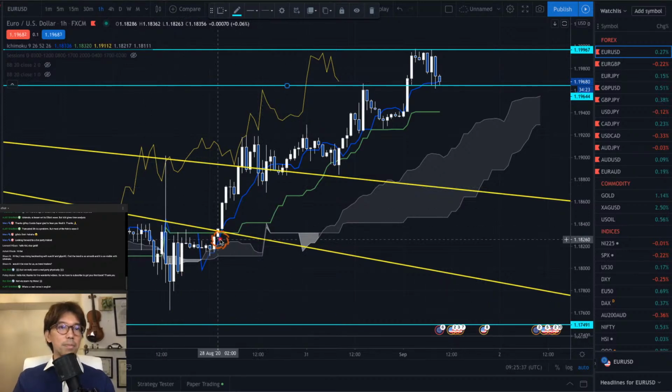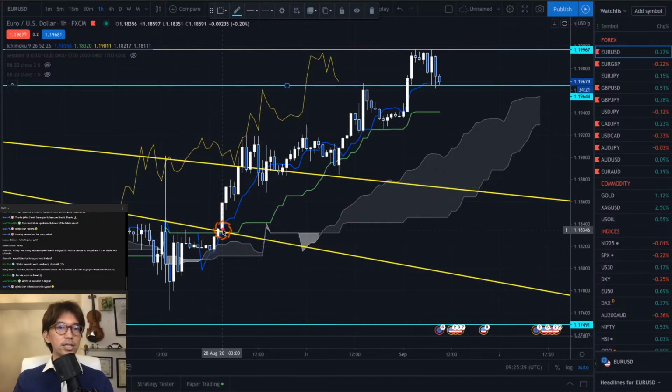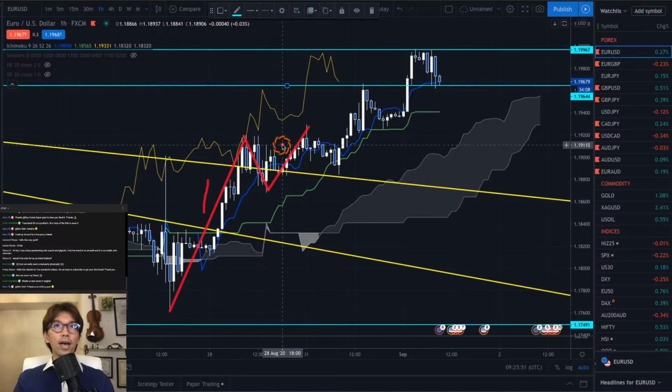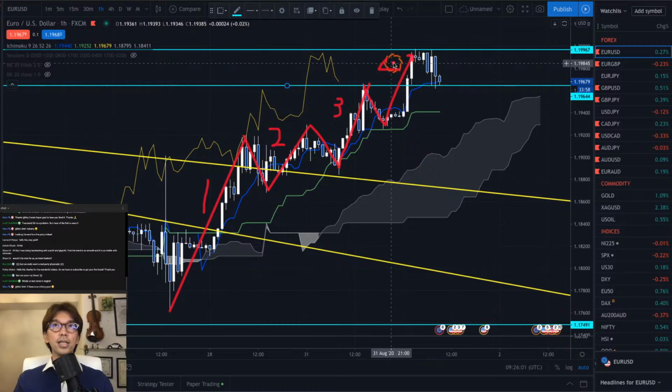In this example, on this Euro USD 1 hour chart, from this low here, the price went up and down and up. This is the first N wave, the second N wave is forming, the third N wave here, and this is the fourth N wave here. So we can say this is an overheated market because this is already the fourth N wave.